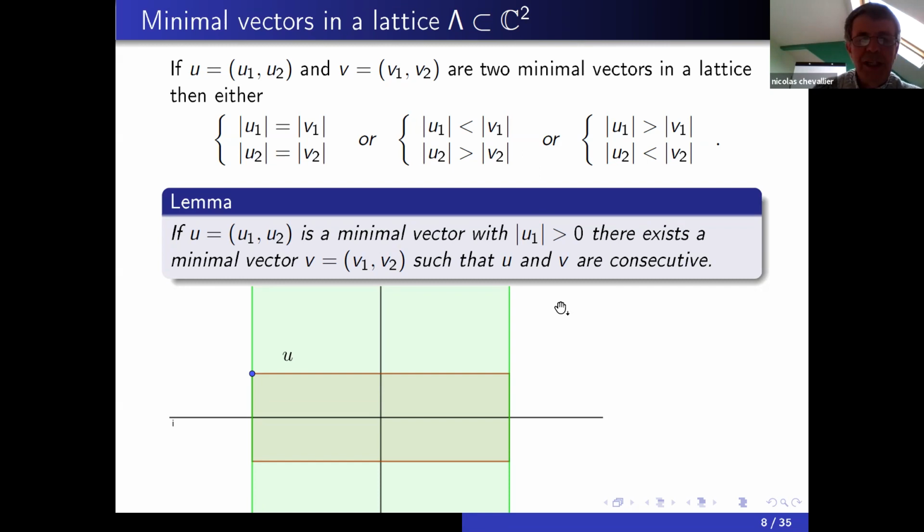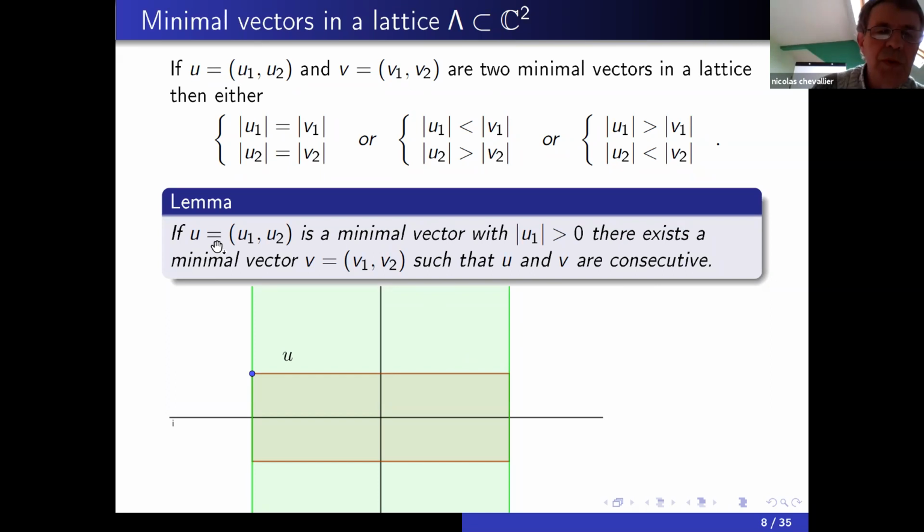Another lemma which is clear is that if you have a Gauss lattice in C2, and a minimal vector u such that the first coordinate is not 0, then you can find a minimal vector v such that u and v are consecutive.